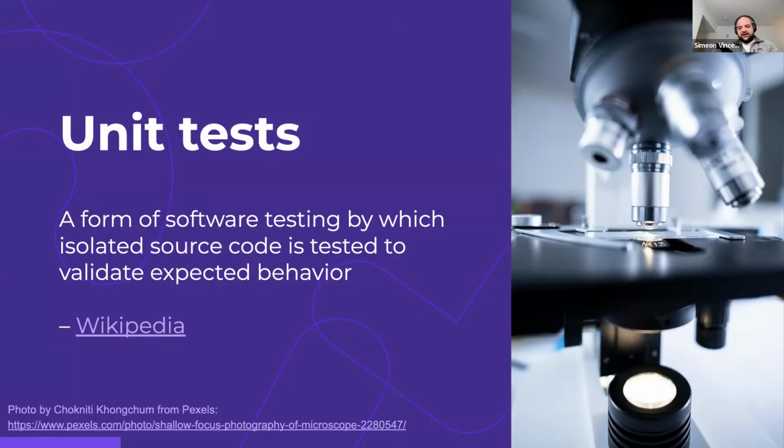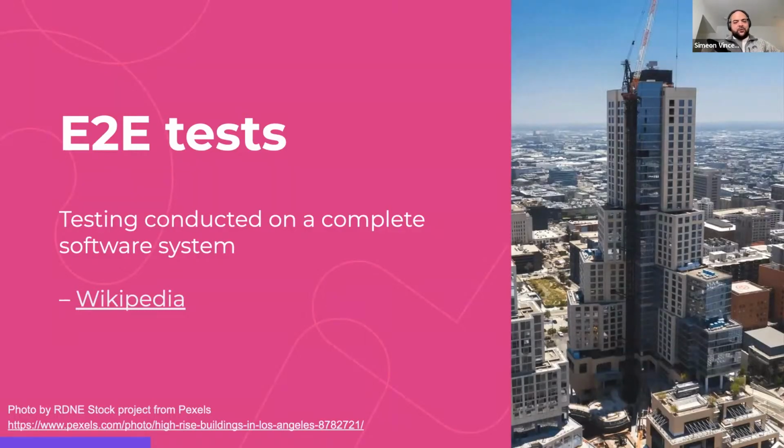This unit testing mindset puts you in position to verify at the lowest levels that things are behaving as expected, and as a result, hopefully, things compose well as they scale up. The other end of that spectrum is end-to-end testing, where testing is conducted on a complete software system. So rather than the individual staples in the office tower here, we're looking at the entire thing. How well does the entire system behave and perform?